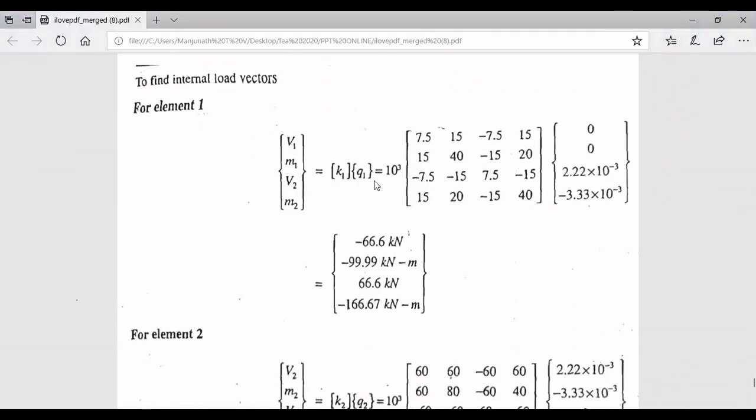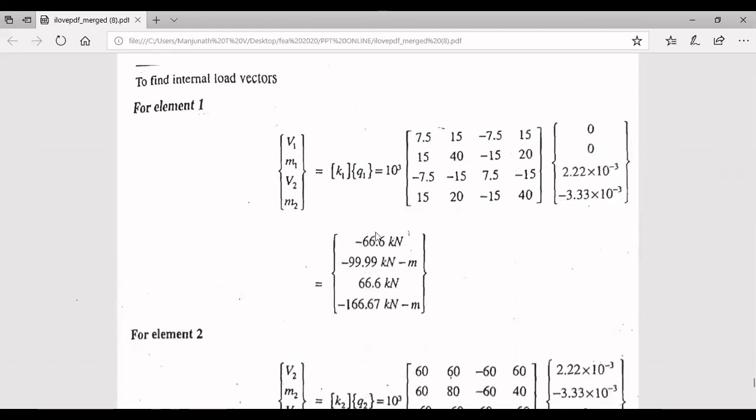Then again the matrix multiplication: 10 to the power of 3 into 7.5 into 0, plus 10 to the power of 3 into 15 into 0, plus 10 to the power of 3 into minus 7.5 into 2.22 into 10 to the power of minus 3, plus 10 to the power of 3 into 15 into minus 3.33 into 10 to the power of minus 3, which gives minus 16.66 kilonewton.